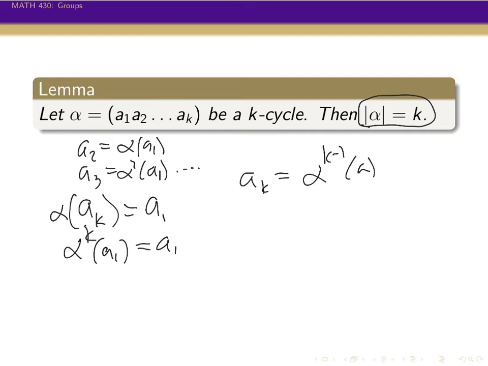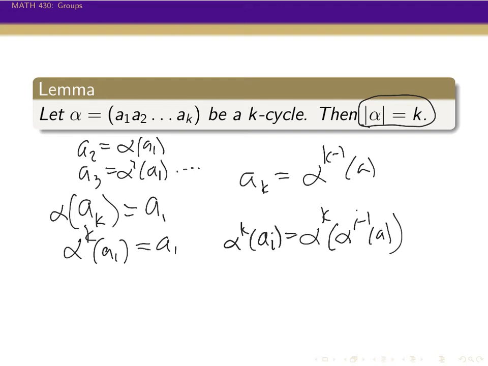Now what about for any other i? Well, alpha to the k applied to a_i, well, remember that a_i is equal to alpha to the i minus 1 applied to a_1.